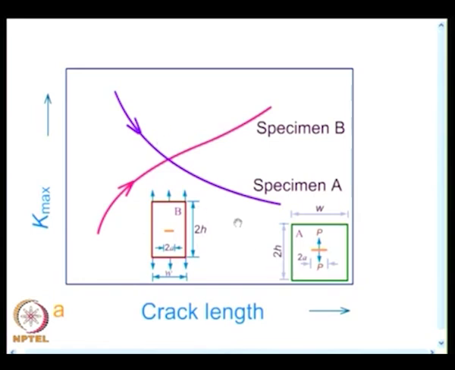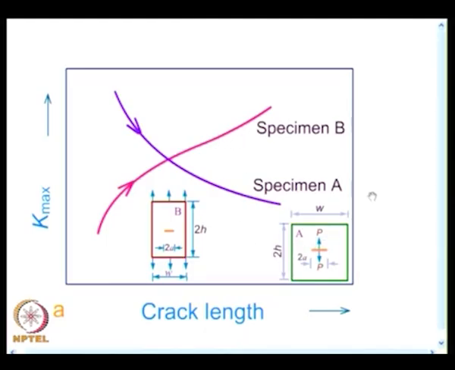Two specimen configurations have been taken to validate the existence of Paris law. In the case of specimen A, stress intensity factor decreases as a function of crack length. In the case of specimen B, stress intensity factor increases as a function of crack length.